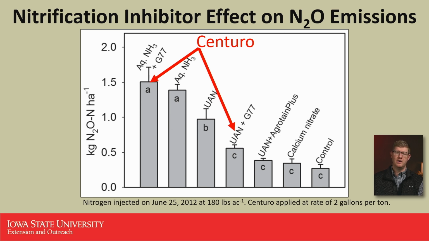And what you'll notice is that when using the aqueous ammonia, there was no difference in N2O emissions. But when using the UAN, we actually reduced N2O emissions where we had Centuro in this one given year, right? And so this just highlights that the results that we can get with these inhibitors in terms of the effect on N2O emissions are really variable.